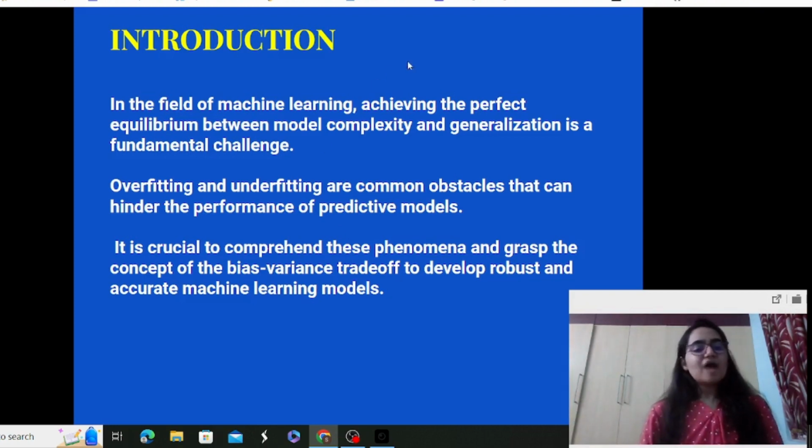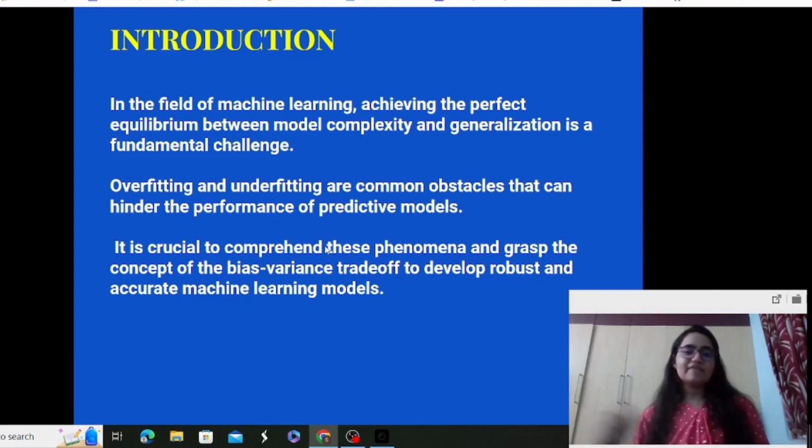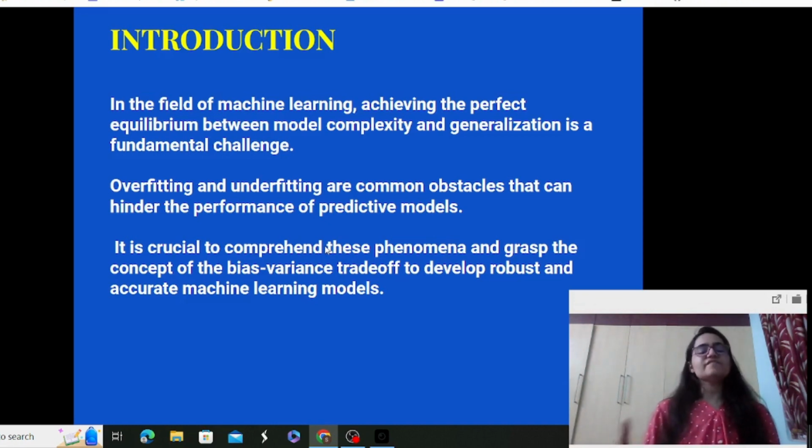That is where you have high variance. A very high bias and a high variance are not good for your machine learning model. So in order to achieve low bias and low variance, you need the bias variance trade-off to develop robust and accurate ML models.